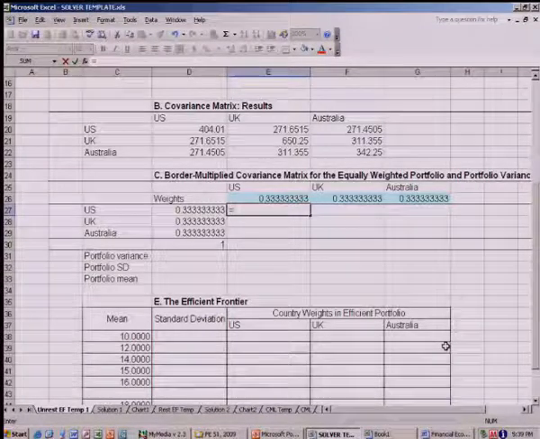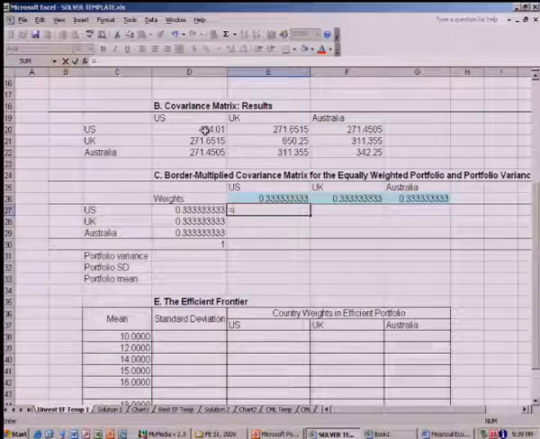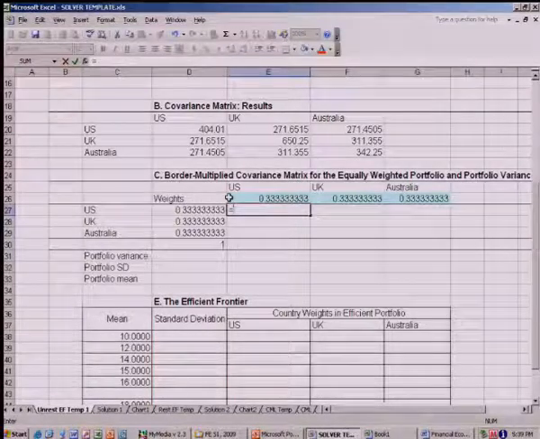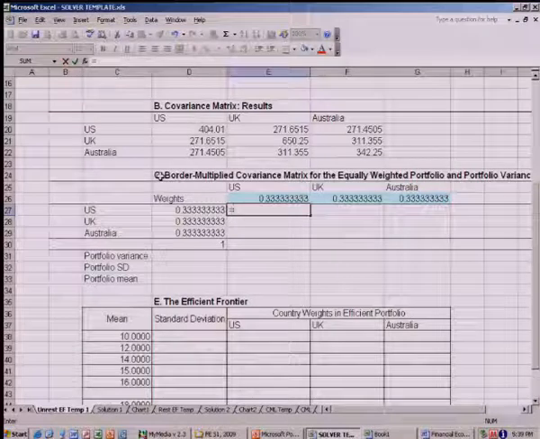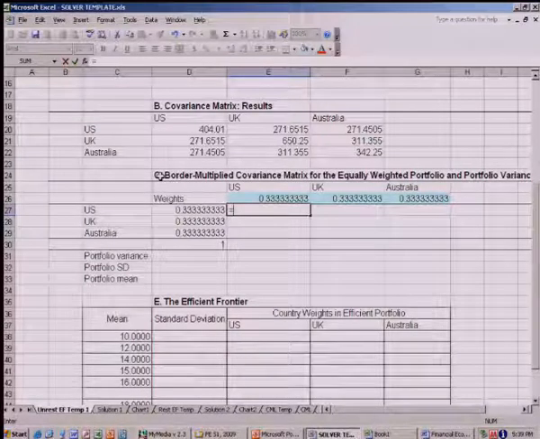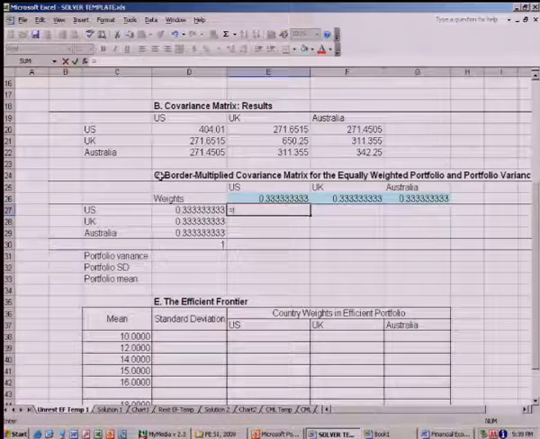Then you would have to consult your covariance matrix, because we are calculating first the first element of your portfolio variance formula, that is actually the weights on a US asset squared times the variance on a US asset.